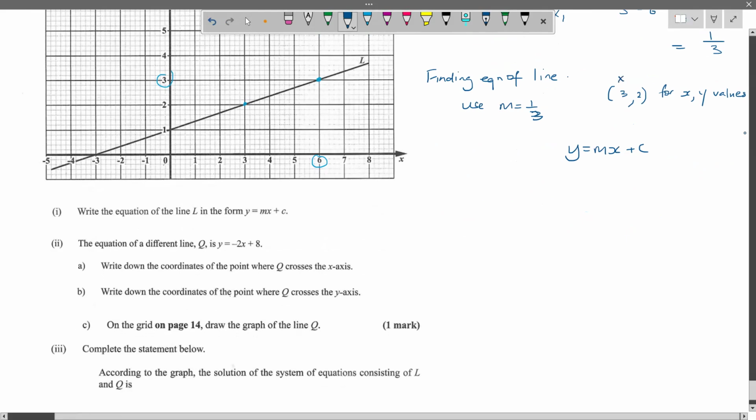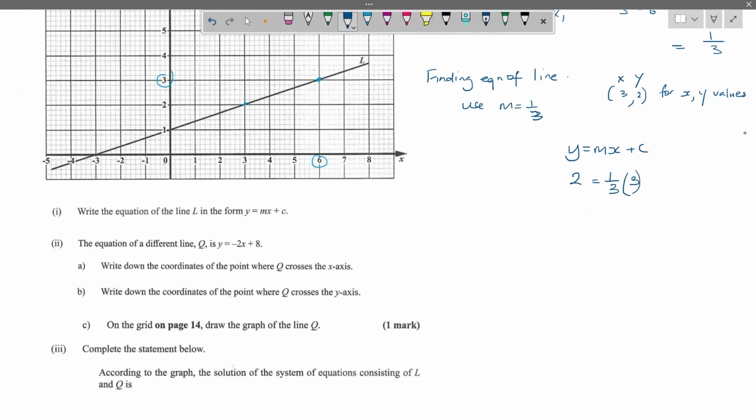I get my x and my y from here, so y is 2, m is a third, x is 3. A third multiplied by 3, the 3's will cancel and I'll get 1. Carry the 1 across, 2 minus 1, I get 1, so c is 1. So my equation of the line is y is equal to a third x plus 1. So this is the equation of L.